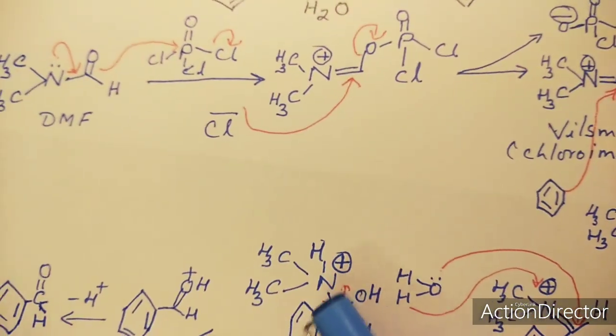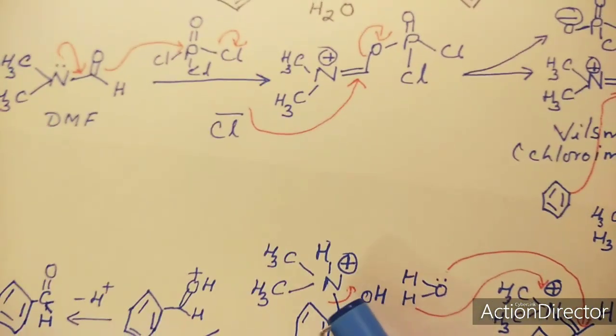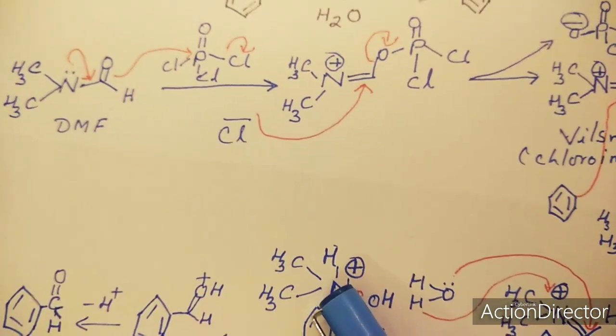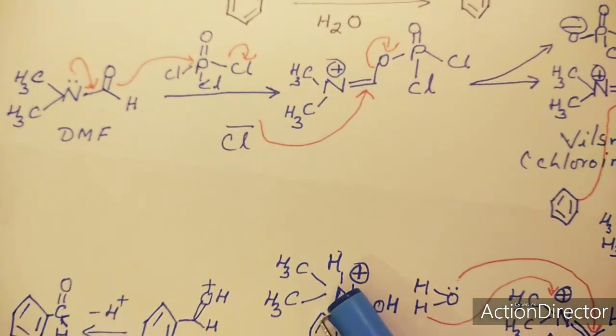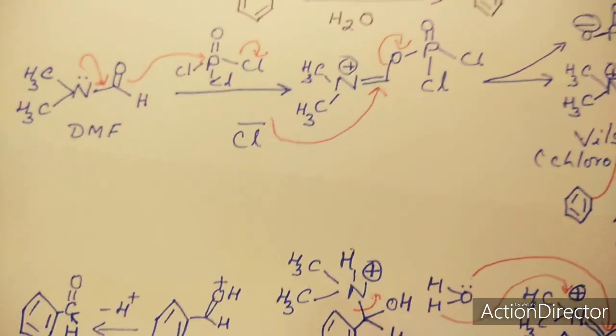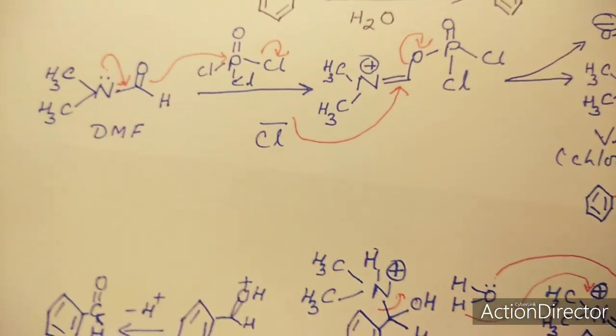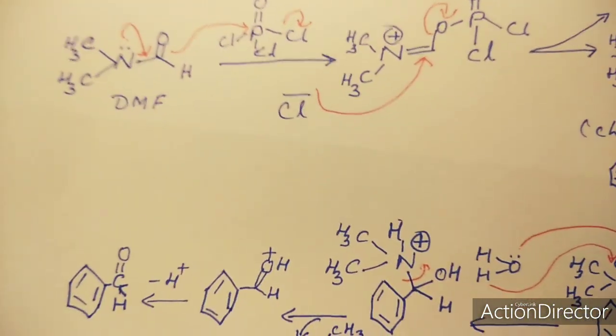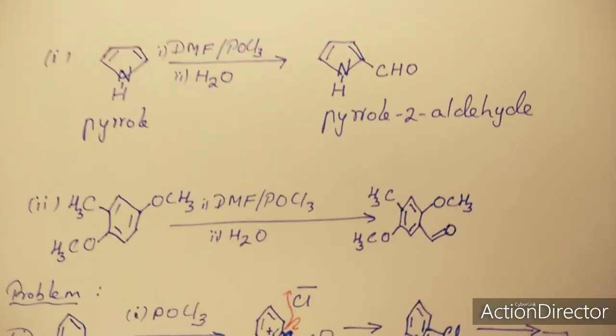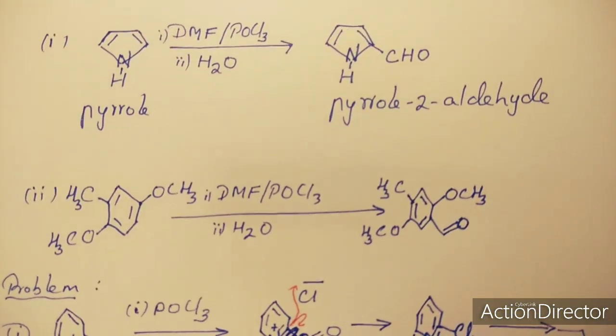So H positive with nitrogen, OH with this carbon, and now this leaves us the neutral molecule, that is our amine, and we generate our formyl derivative or our benzaldehyde.